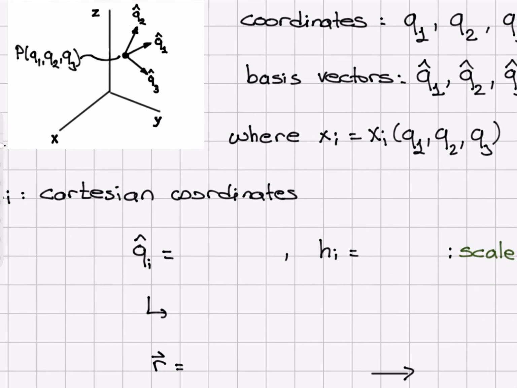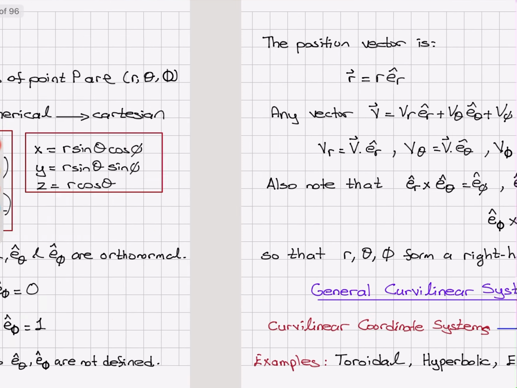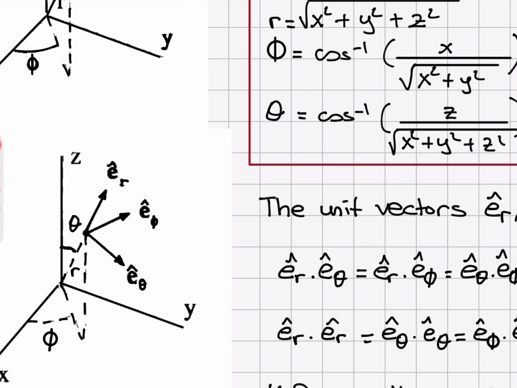Now, how do we find qi hat? Remember, we talked about this in spherical and cylindrical coordinates. So we change the value of the generalized curvilinear coordinate, and we look at the variation in the position vector.